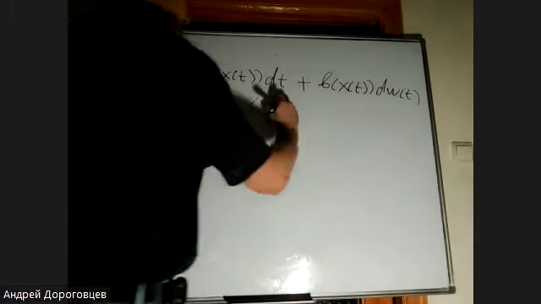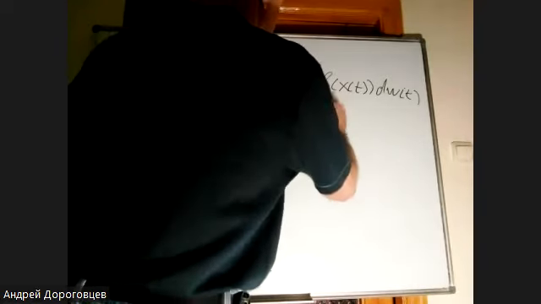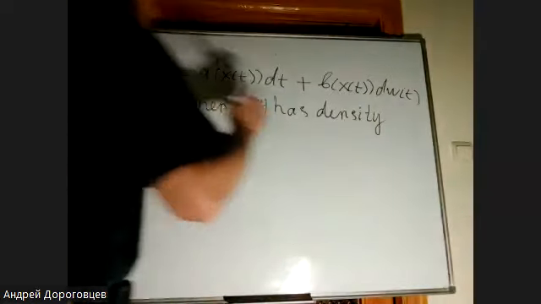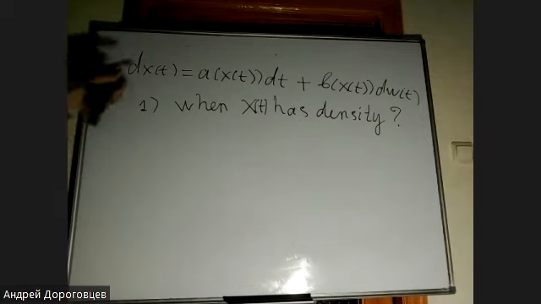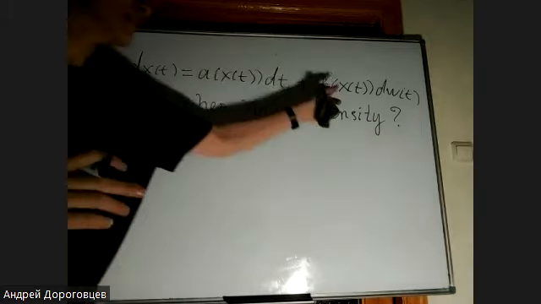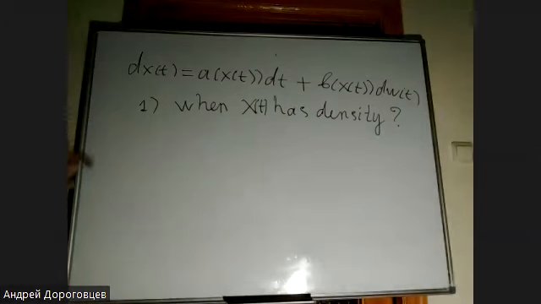x_t has density. If this question is more or less simple in the one-dimensional case, in a multi-dimensional case, when this is a vector, this is a matrix, and this is a vector process, it becomes not very clear.